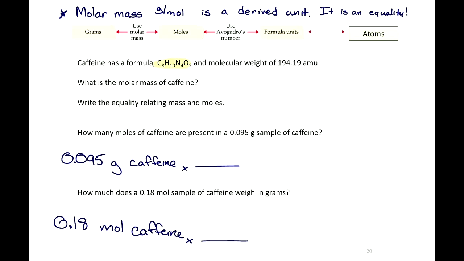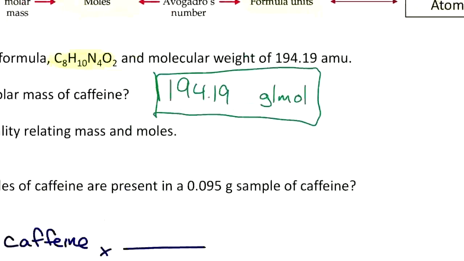You can say, oh, the molar mass is the same number, so 194.19, but what's the unit of molar mass? Grams per mole. This is the value that's going to be important to me. So I can rewrite this as an equality that will be useful for dimensional analysis. Remember how we do that? We take the number and the top unit and set it equal to the bottom unit, with an implied 1.